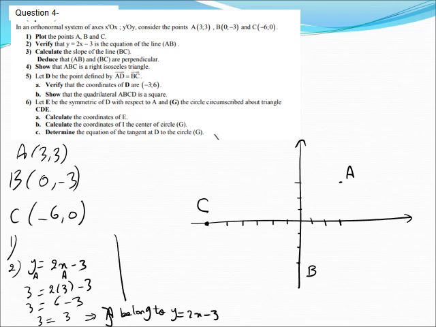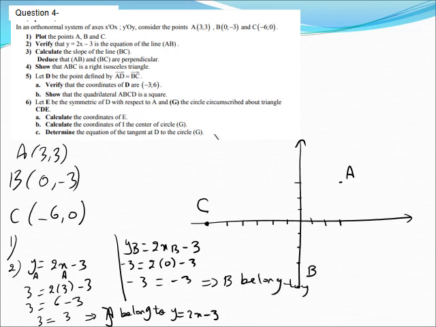Does B belong? yB equal 2xB minus 3 equals 0 minus 3 equals minus 3. So it's correct. B belongs to y equal 2x minus 3. Then y equal 2x minus 3 is the equation of line AB.